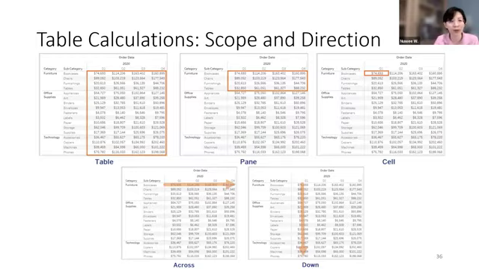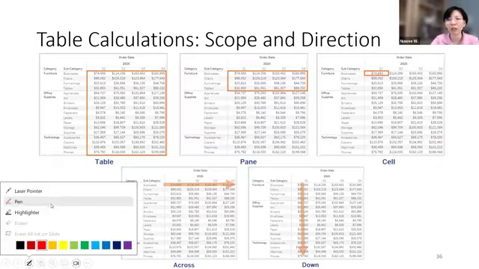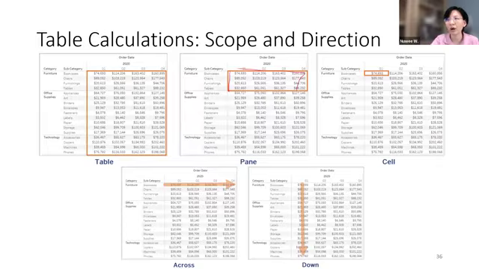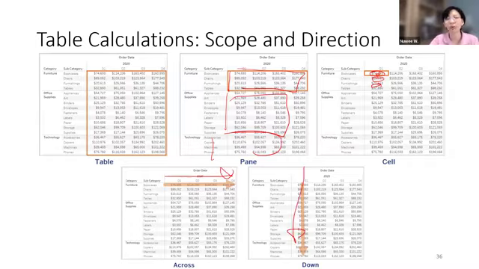We call that a pane. For example, in this case, we divide profit or sales, I don't know, into categories. So the part of each category is called a pane, and the number inside is called a cell. So this is called the scope of the table. There is also direction. So this is across, this is down.